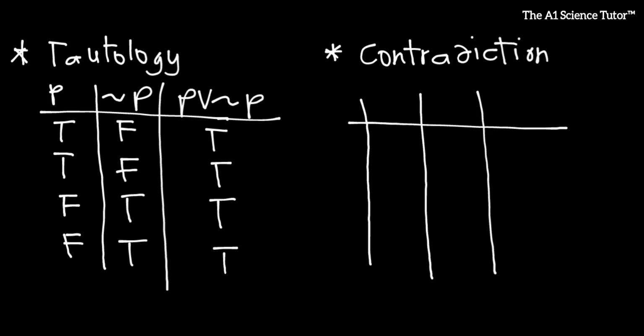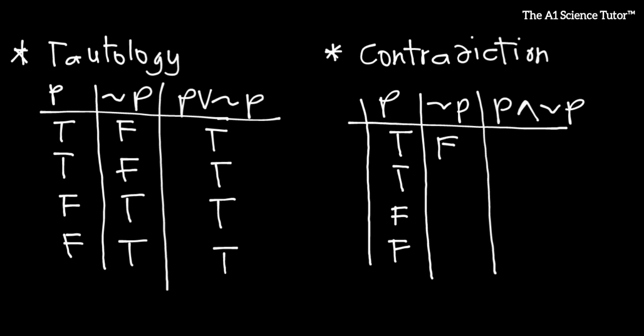So let's do that now. Let's say this is P and let's negate it with a P, but in this case, we are going to use a conjunction. So this is what you have, and then you have a P right there. Let's use it the same way. This is going to be true, true, false, and here we're going to have another false. So this should be a false, this should be a false, this is a true, and here this is going to be a true.